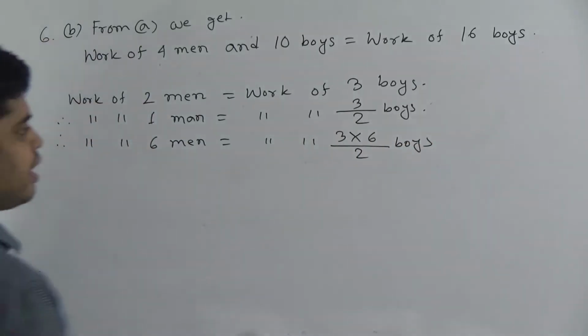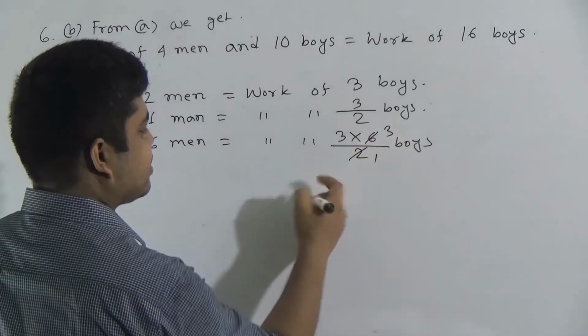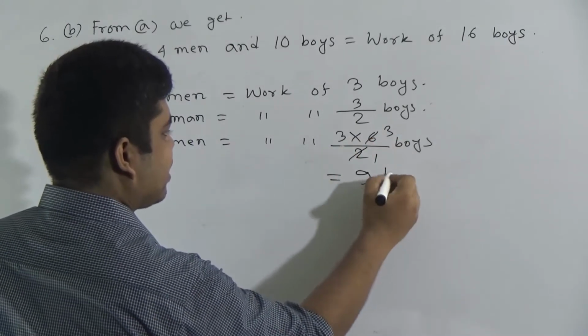Now dear students, we cut: 2 1s are 2, 2 3s are 6. If we multiply, 3 3s are 9 boys.